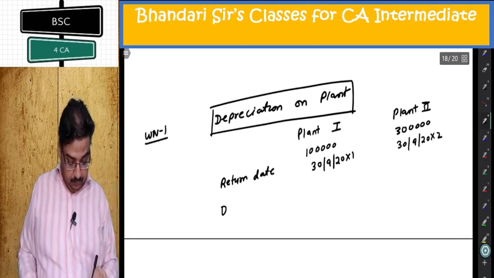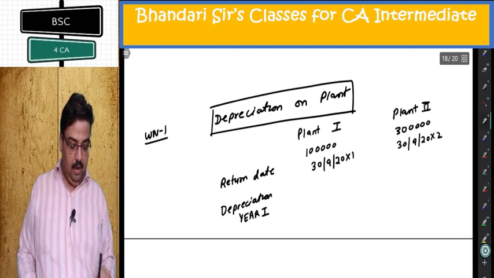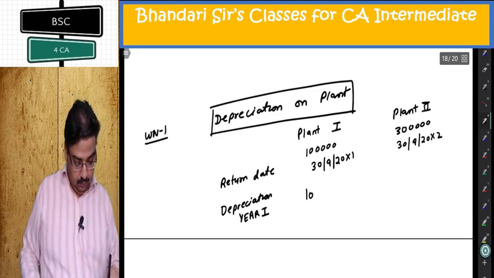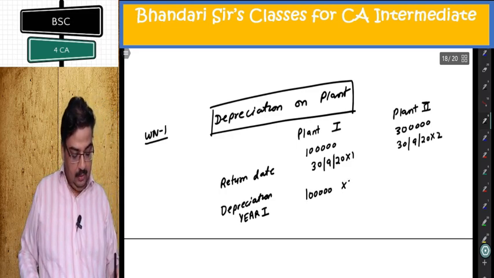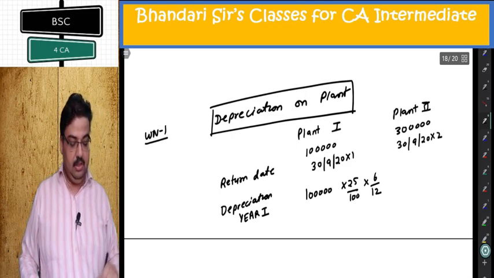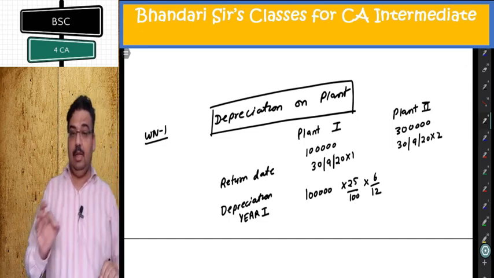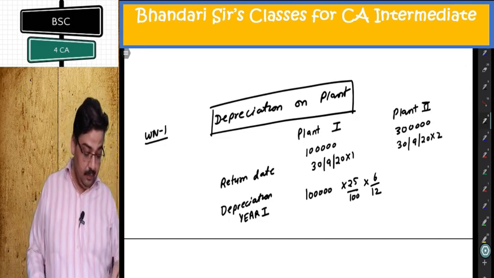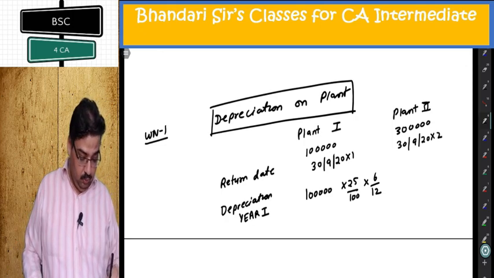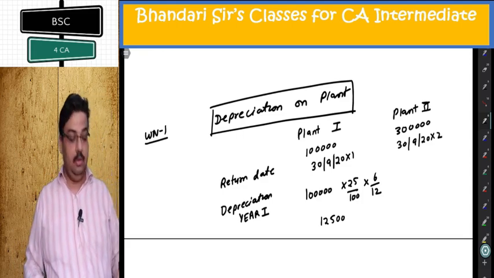Now depreciation in year 1 on first plant, 1 lakh, 25%, 6 months. It is used from 1st April till 30th September, 6 months only. So 12,500 you will get here. 25,000 for the year, for 6 months 12,500.